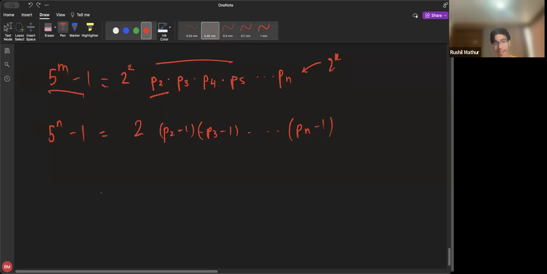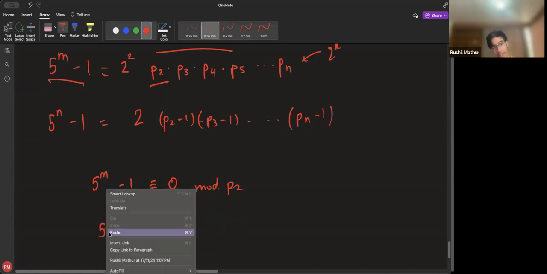So let's start somewhere, right? Let's say phi to the m minus 1 is 0 mod P2. This is true. Is m odd or even? What happens if m is even?